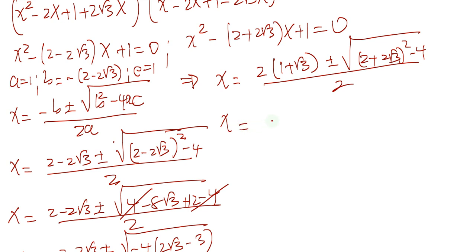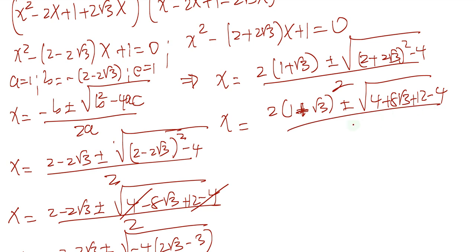So x then is going to be equal to 2 times 1 plus or minus square root of 3, plus square root of 3 plus or minus. Inside of here, we're just gonna get 4 plus 8 square root of 3 plus 12 minus 4, all divided by 2.